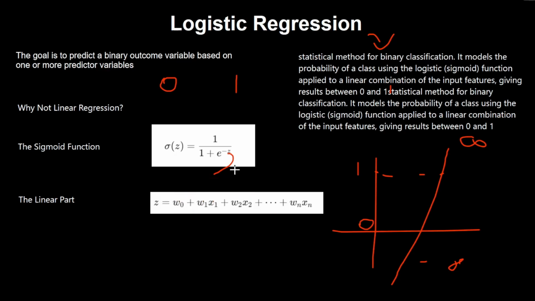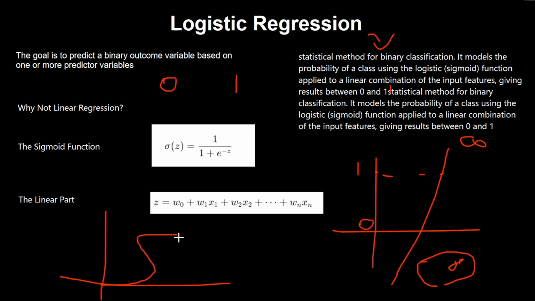So what this does is it transforms the original inputs. We have the original data between minus infinity and infinity. It transforms them and fits them into an S-shaped curve, which is a sigmoid curve, and it has values between 0 and 1.